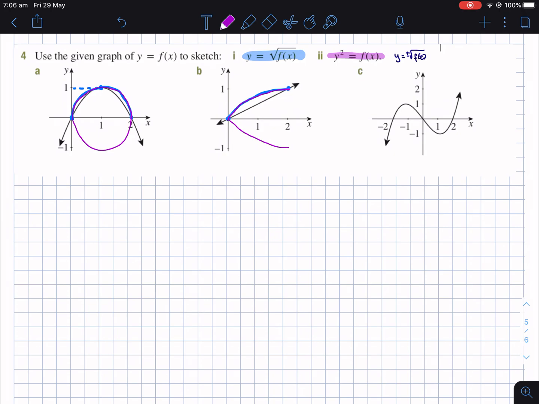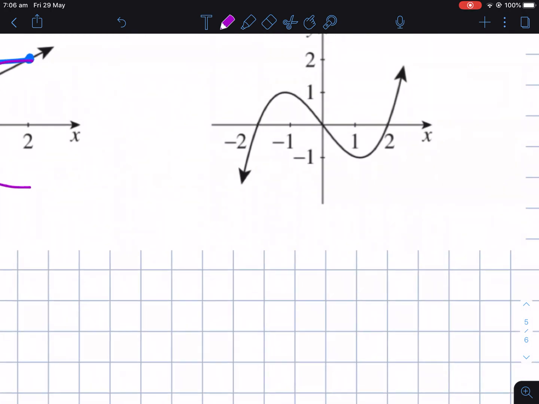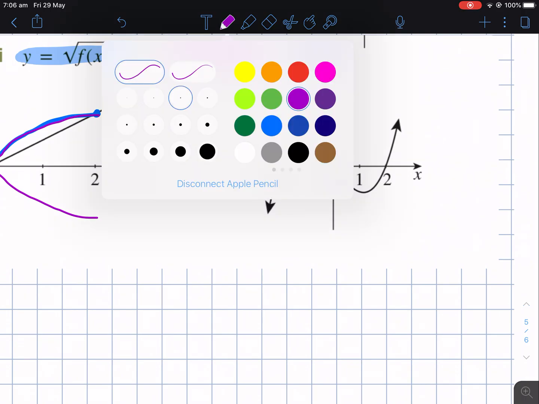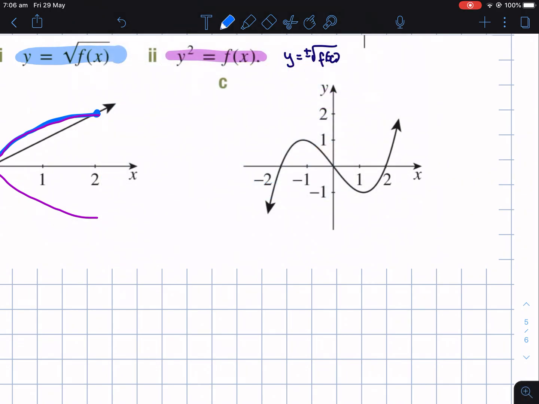And for the last one, it's a bit of a special one because we can't take square roots of negatives. So we're not even going to touch this or this. If I'm doing the square root of this thing, it's going to be 1 here, so it's going to hit there.